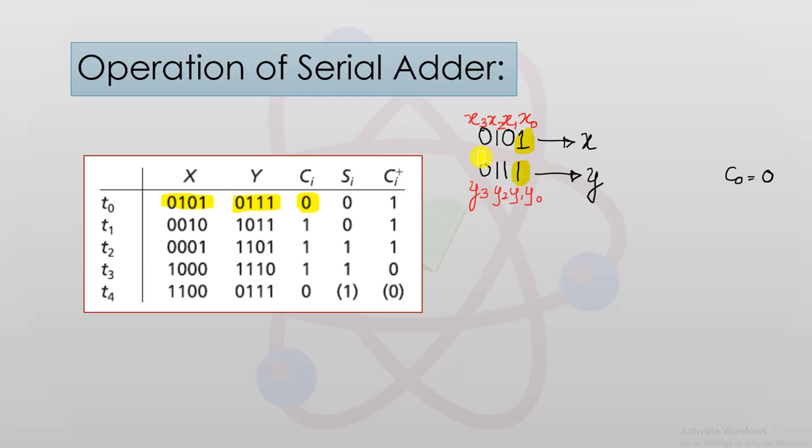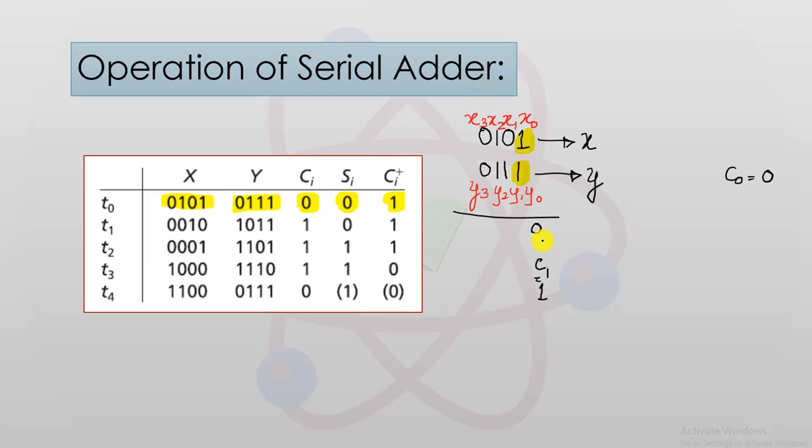The sum of the addition, that is 1 plus 1 plus 0, will give you the sum equal to 0 and the carry equal to 1. So the result of this particular addition will be 0 with a carry C1 equal to 1.